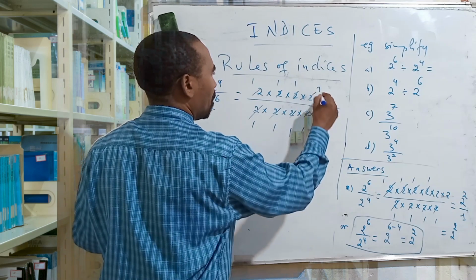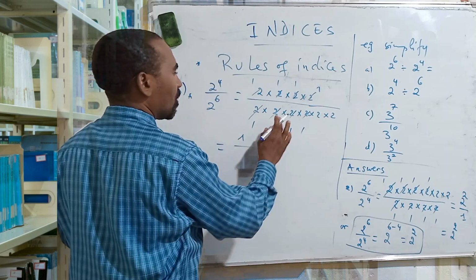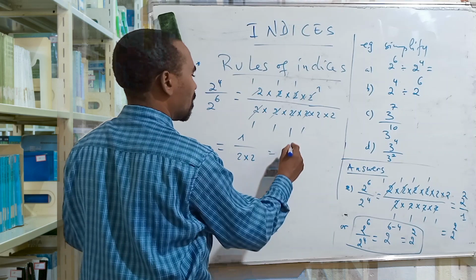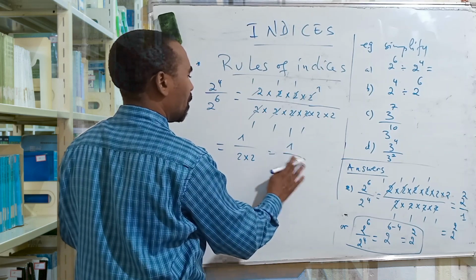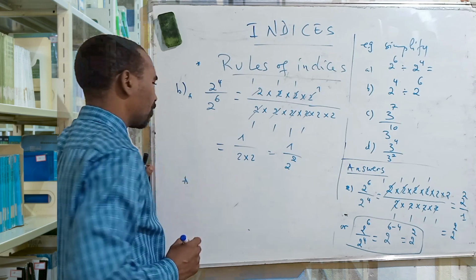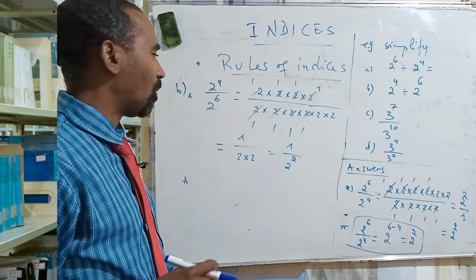You see, above, I will get 1 times 1 times 1 times 1 is 1. This is 1 times 1 times 1 times 2 times 2, which is finally 1 over 2 power 2.